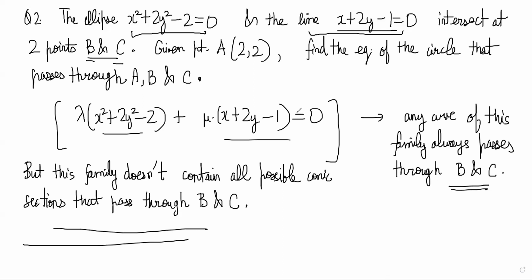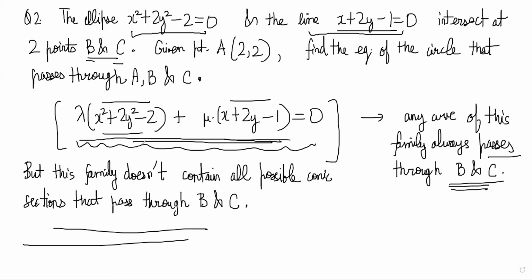So it is true that any curve with this equation will always pass through B and C, right? Because B and C lie on the ellipse and on the line. But it is not necessary that this equation represents all possible conic sections passing through B and C. There could be other conic sections that pass through B and C which don't follow this equation.